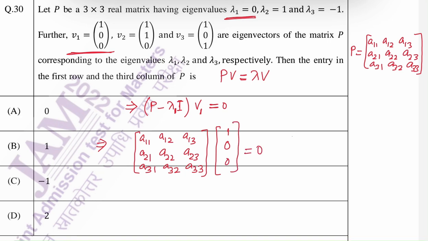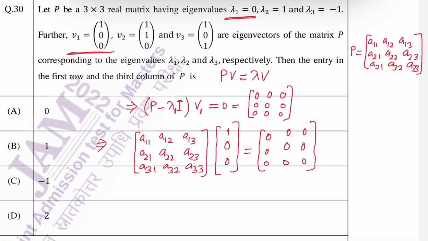Remember that this 0 is not the integer 0. This 0 means the null matrix, the 0 matrix. Okay, so be careful. Accordingly, it will be 0 0 0 0 0 0 0 0 0.